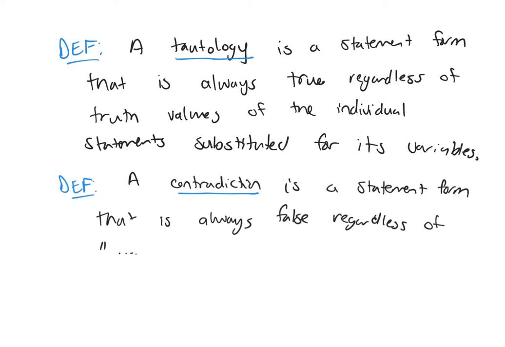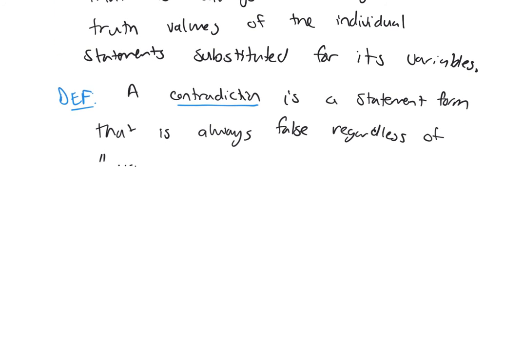So in a truth table, a contradiction would only contain F's. It would always be false.